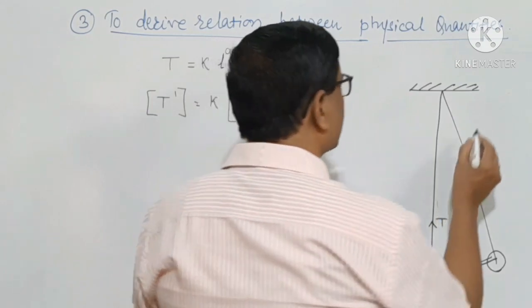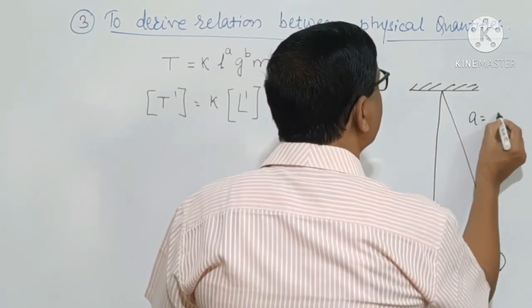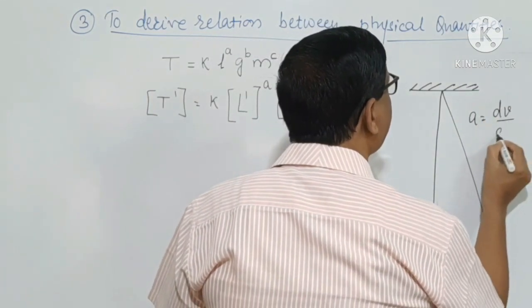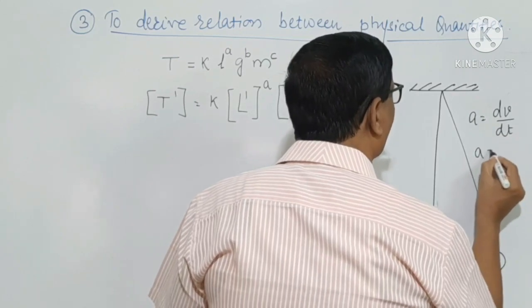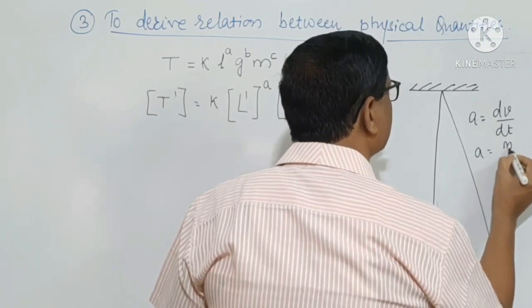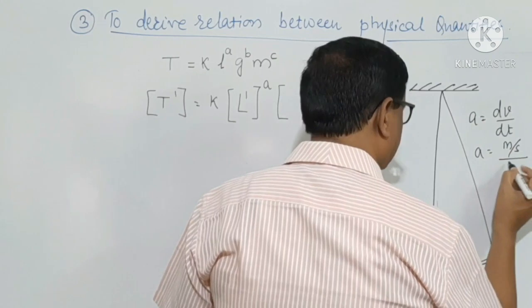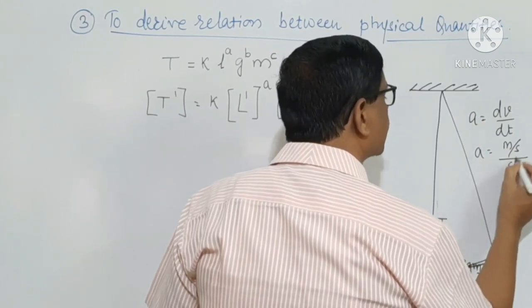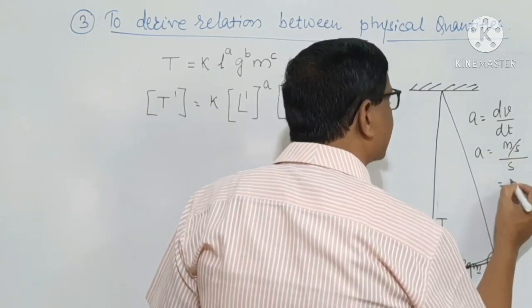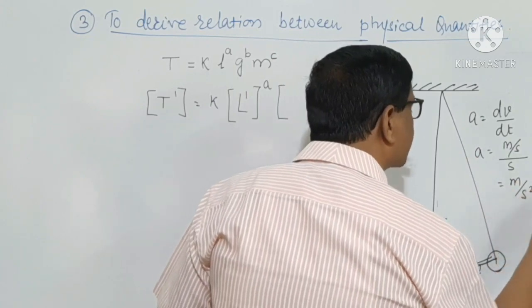And what is acceleration? Acceleration is the rate of change of velocity, dv by dt. Therefore, what are the dimensions of acceleration? I will write the unit first. The unit of acceleration is meter per second per second, therefore it is meter per second square.